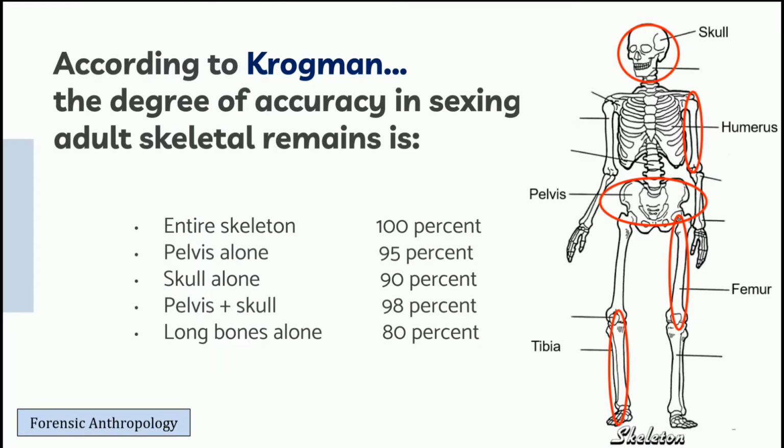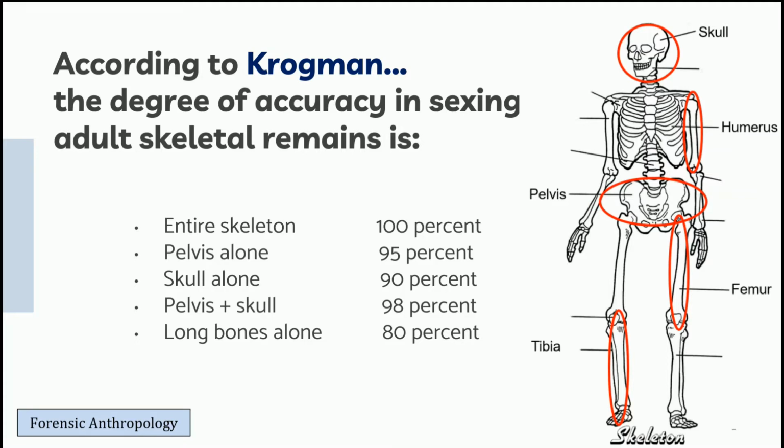Before that, we will see, according to Krogman, the degree of accuracy in sexing the adult skeleton. As we also saw in the first part, at the crime scene, if we get the entire skeleton, the sex estimation would be 100% accurate.